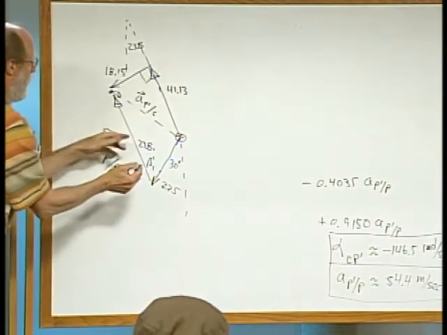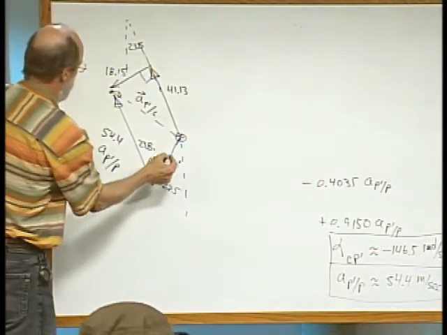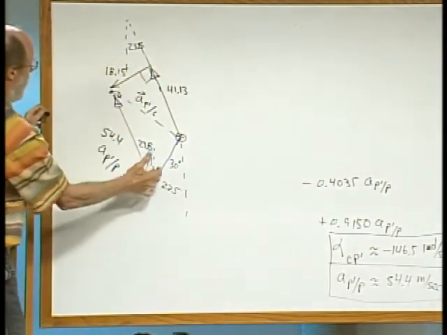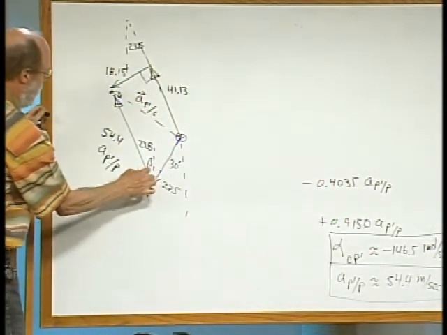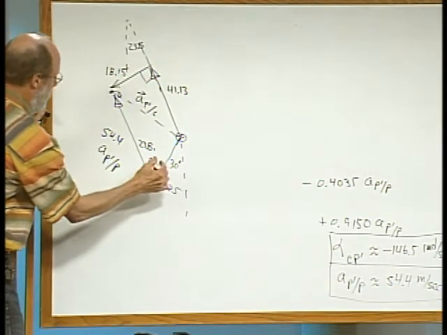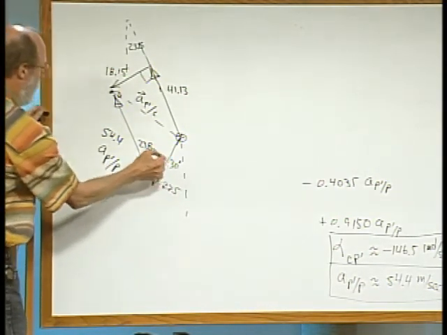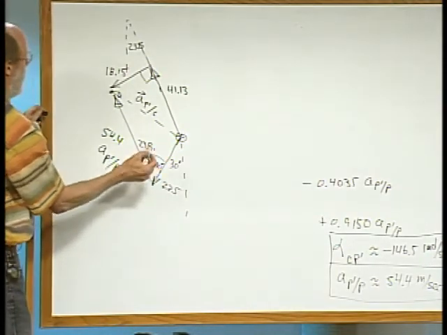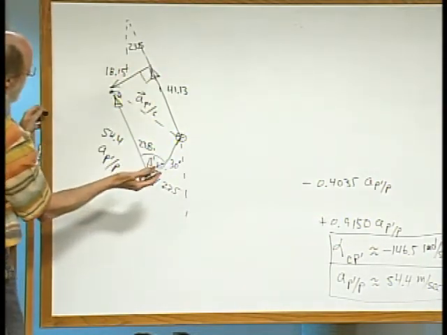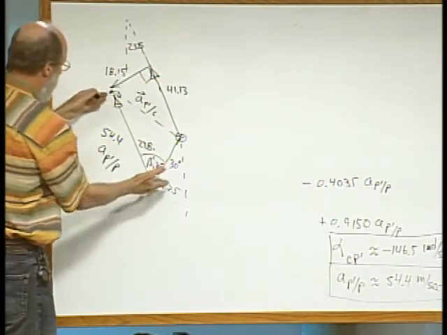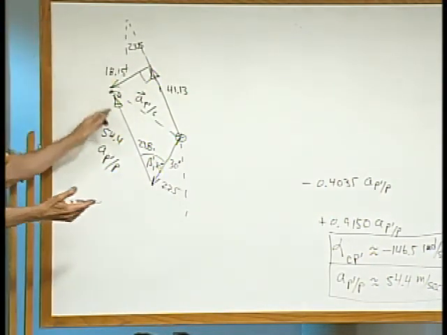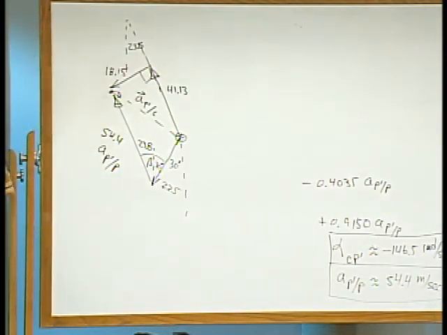Well, you have the geometry on this polygon here. Here's beta, there's theta off of vertical, there's 30. You know this angle here is 90 right there. So you could check these numbers and see if this polygon actually closes.